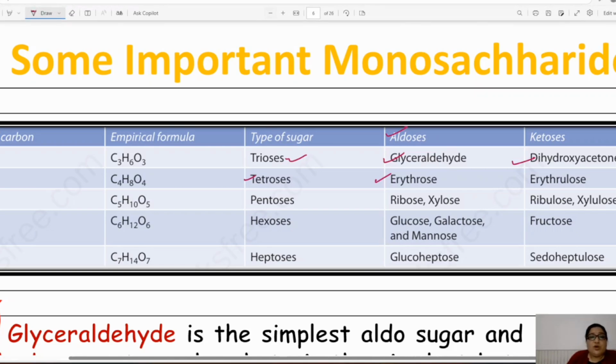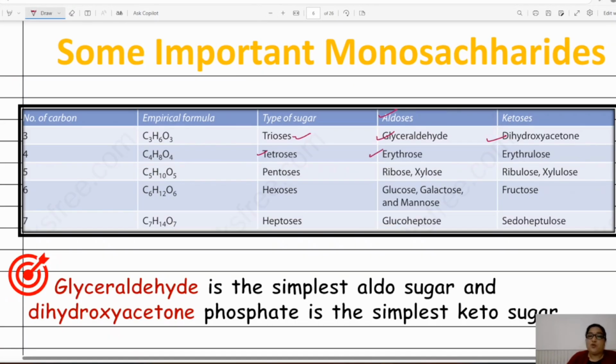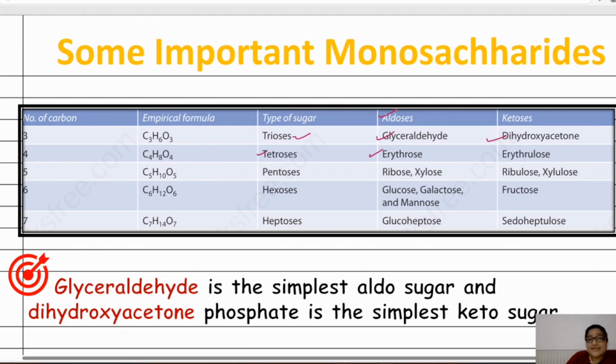One more important thing: how many carbon atoms are minimum needed to form a monosaccharide? It takes a minimum of 3 carbon atoms to form a monosaccharide.